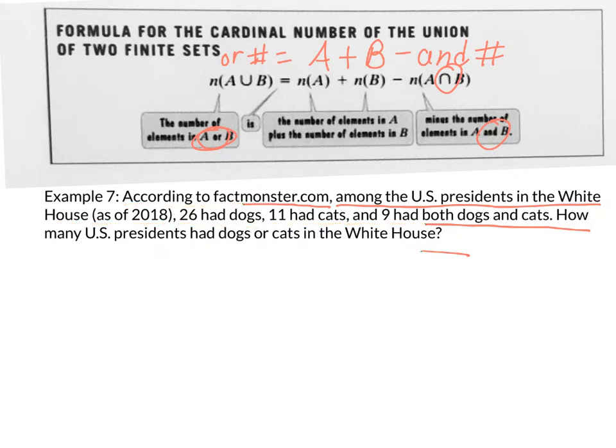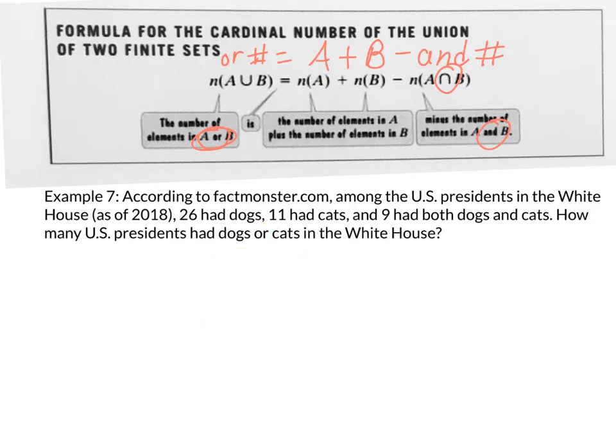Please keep in mind, or in this course is always going to be the inclusive or, meaning one or the other or both. So in other words, how many U.S. presidents had just dogs, had just cats, or had both dogs and cats? That's what we mean by inclusive or, one or the other or both.